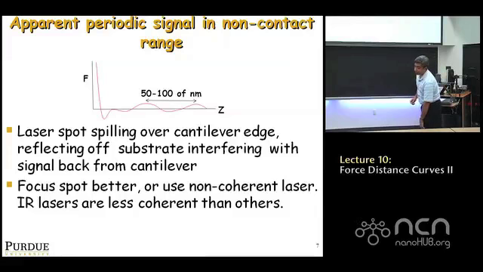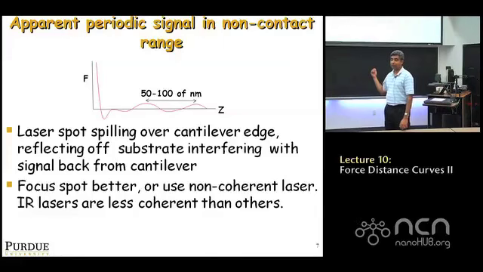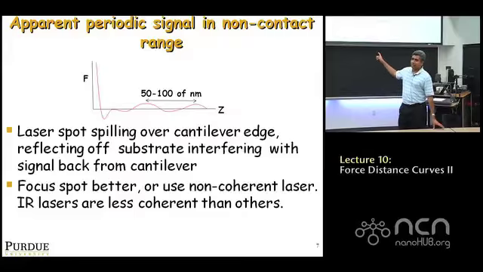Another thing that a lot of AFM systems are now doing to avoid these kinds of things, by the way: there are only a handful of applications where you need to move your Z distance by more than 100 nanometers. 100 nanometers is a long Z range in AFM, all right? So if you're doing AFM, your Z range should not be more than 100 nanometers, except under special conditions.